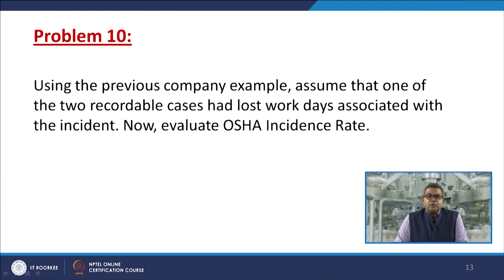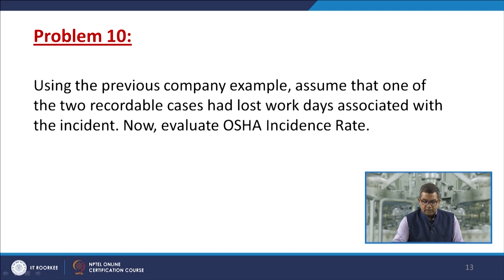Now, let us look at the next problem, problem number 10. Using the previous example, problem number 9, assume that one of the 2 recordable cases had lost work days associated with the incident.